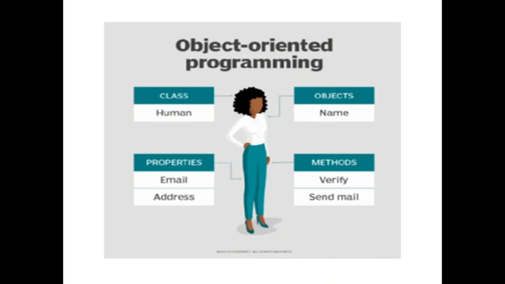And when you create the actual prototype of the blueprint, which we call objects, we will name them, and then those objects can use those methods that we have defined in the class to perform some task.